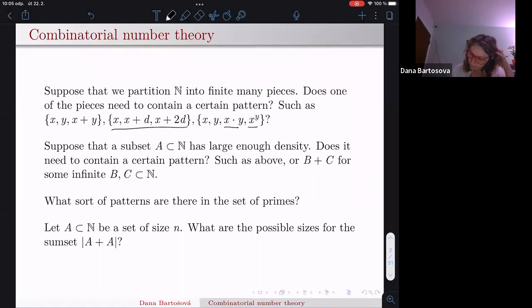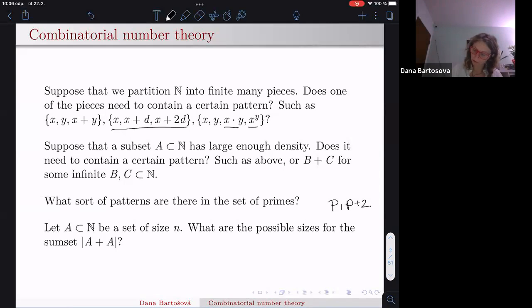And then this is something where ultrafilters have not really been that useful, but I have to mention it because this is definitely a very interesting and important subset of natural numbers, and this is the subset of prime numbers. So I guess everybody knows about the twin primes, and it is still an open problem whether there are infinitely many primes p such that both p and p plus 2 are prime.